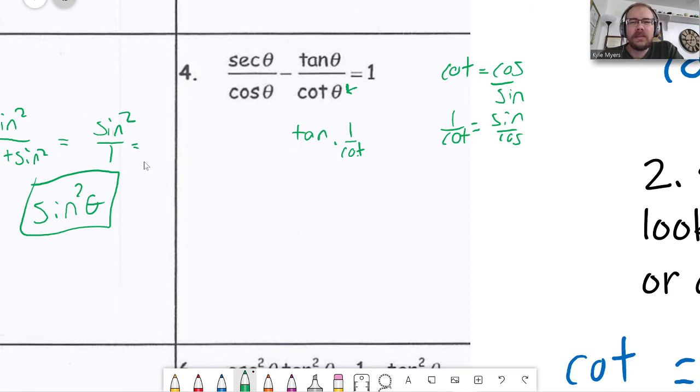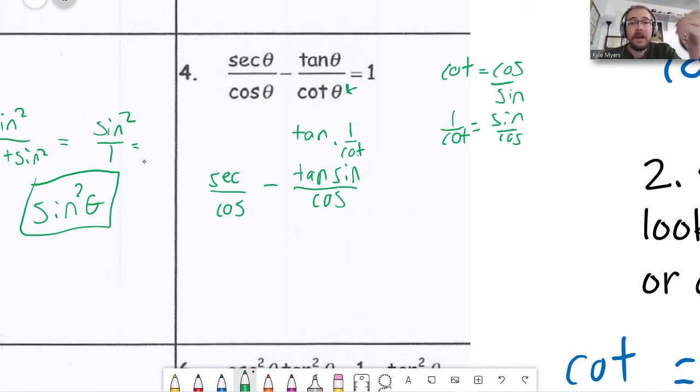Like tangent over cotangent would be tangent times 1 over cotangent. So anyways, this would be equal to sine over cosine. So this is tangent, sine over cosine. There we go. And now we can subtract. I made the denominators the same. Look at that. Why did I write a theta? So useless. Let's get rid of that.